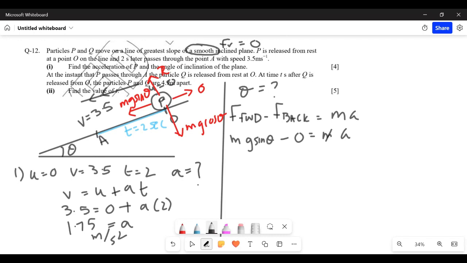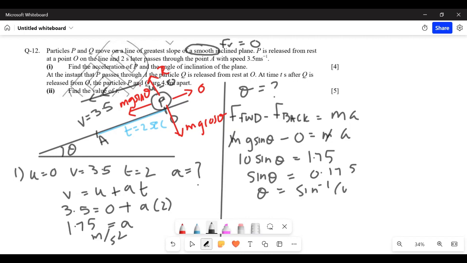So m and m get cancelled. 10 sine theta is equal to acceleration, which is 1.75. Sine theta equals 0.175. Theta equals sine inverse 0.175.